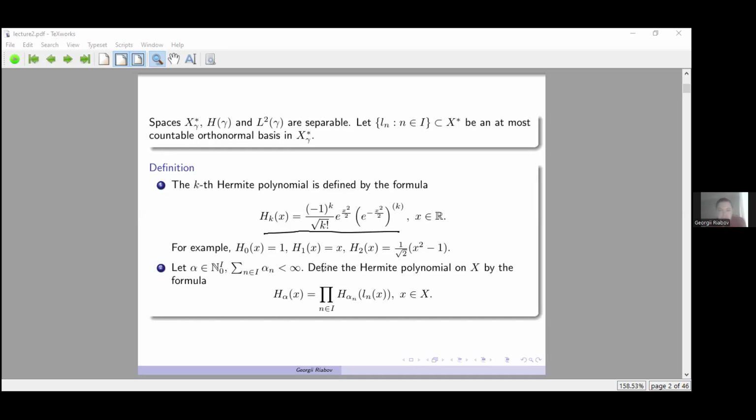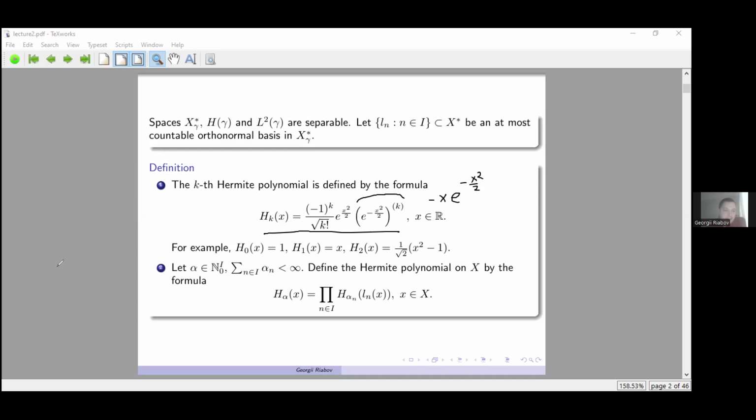We can, as an example, check that h0 is equal to 1. h1 of x is equal to x, because when we differentiate this exponent, we get minus x e to the minus x squared over 2. Then exponents cancel, and minus also cancels, so h1 of x is equal to x. h2 of x, one can compute that this is 1 over root of 2 times x squared minus 1, and so on.